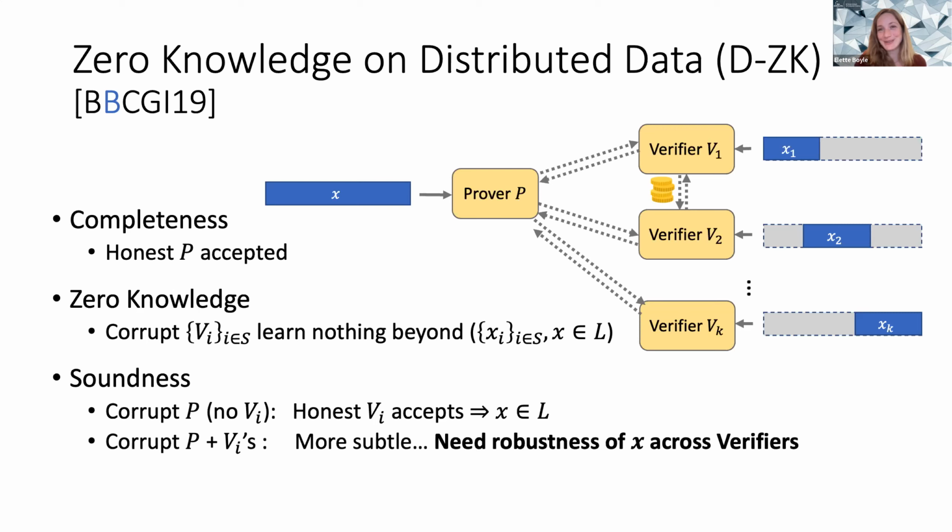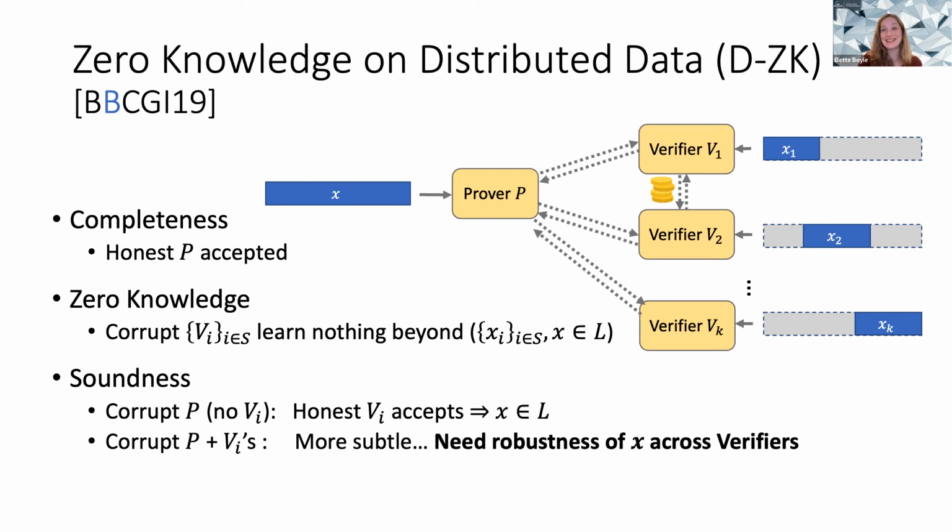I'm not going to go into the fine details there, but I will point out that one extra thing that's necessary in that case is that we can't handle general splits of statements X across the verifiers.